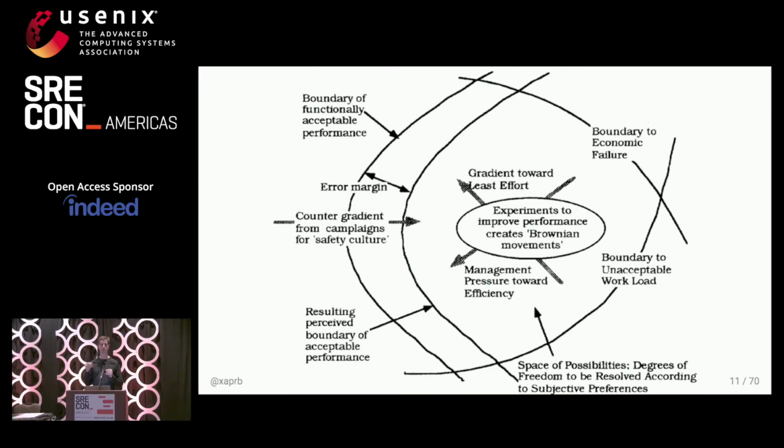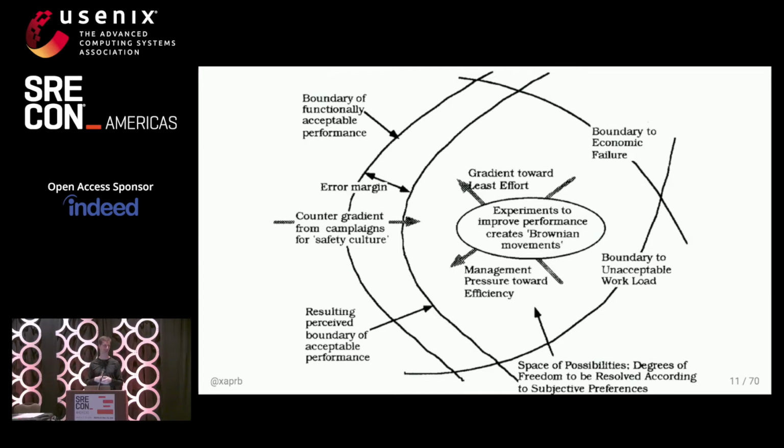So from the top on the right, sorry, I'm doing this in mirror image here, we have the boundary of economic failure. If the system crosses that boundary, we go out of business, right? We hard crash. On the bottom right, we have the boundary of unacceptable workload. By the way, he's thinking about systems in terms of humans too, like working in an operating room.